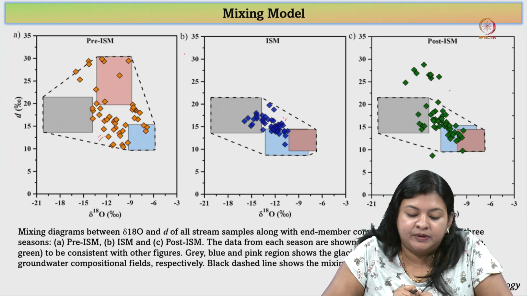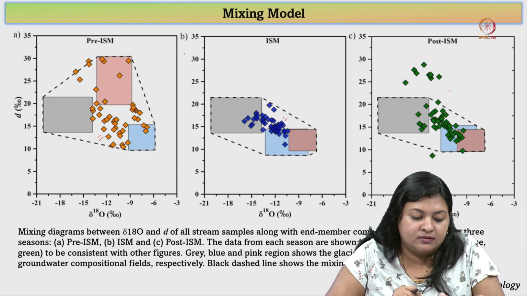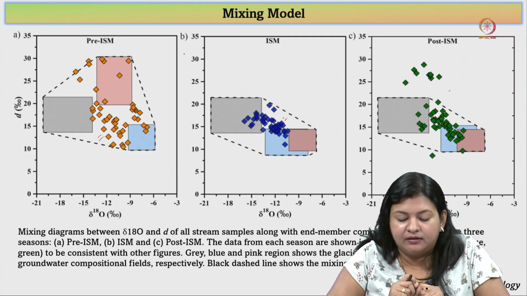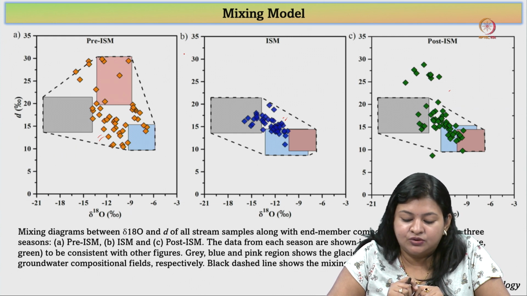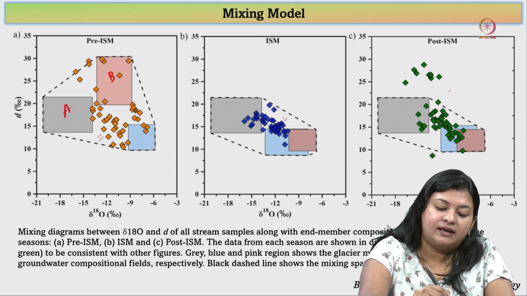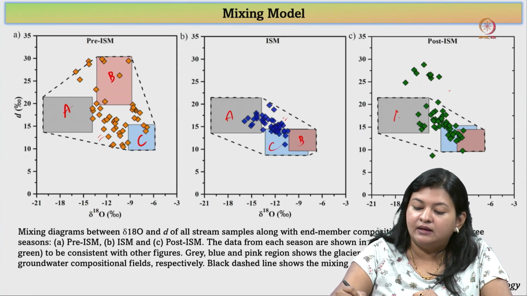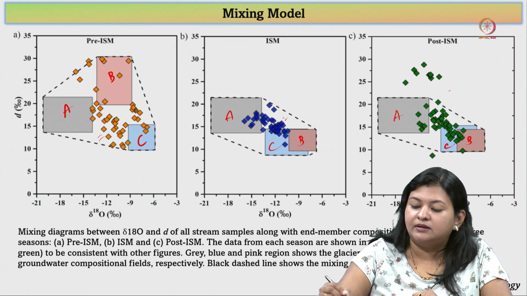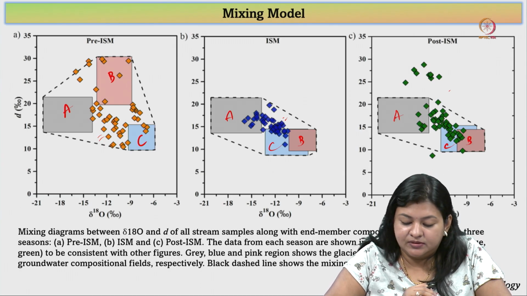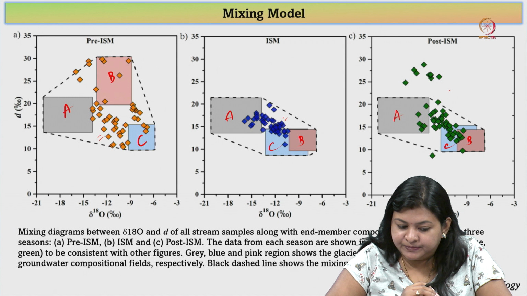So here is a particular example. There is a gray box, a blue box and a pink region, and they show the end members. These are the three end members A, B and C. The gray is the glacier end member, B is the precipitation end member and C is my groundwater end member.